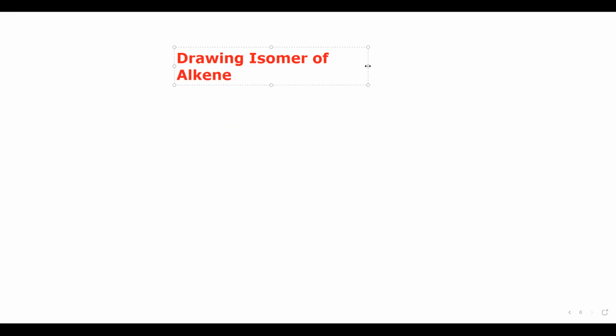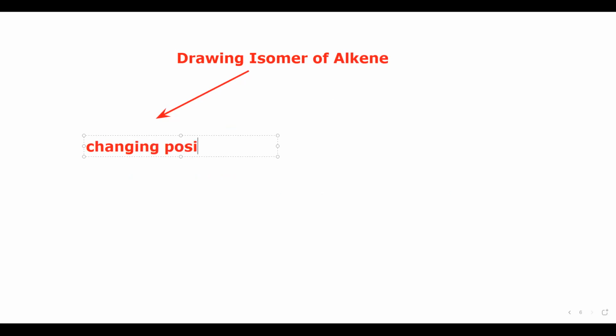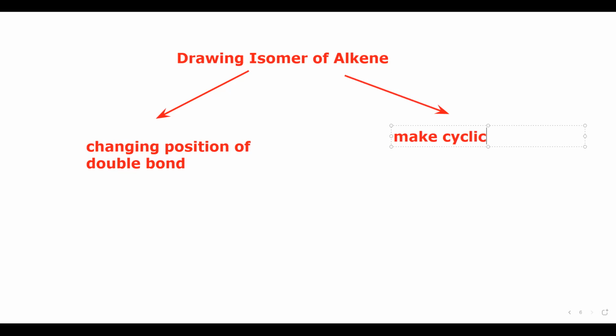The first one, we change the position of the double bond. And number two, we can make a cyclic alkane. These are the two ways by which we can draw an isomer.